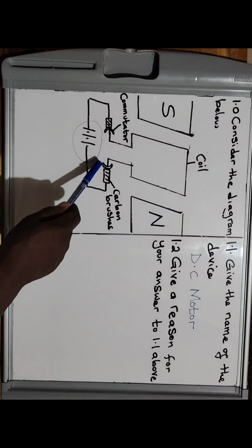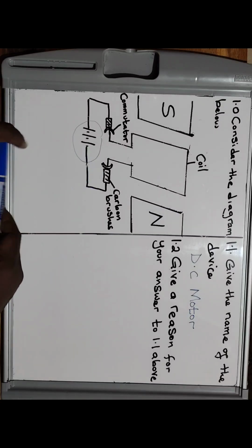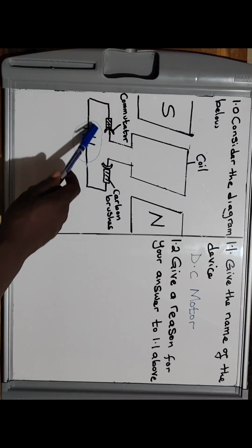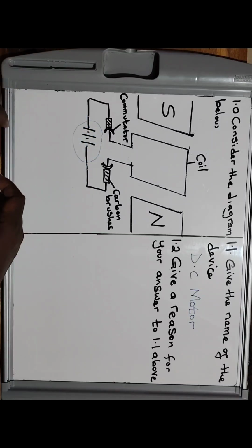It's a DC because it has split rings, and it is a motor because we're having a battery here. We must not forget that a motor changes electrical energy to mechanical energy. So those are the two answers we have here: it has split rings and it has a battery.